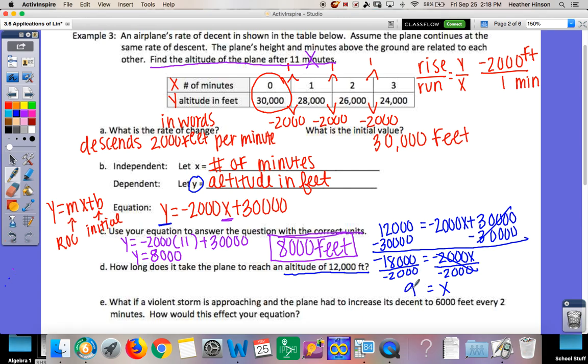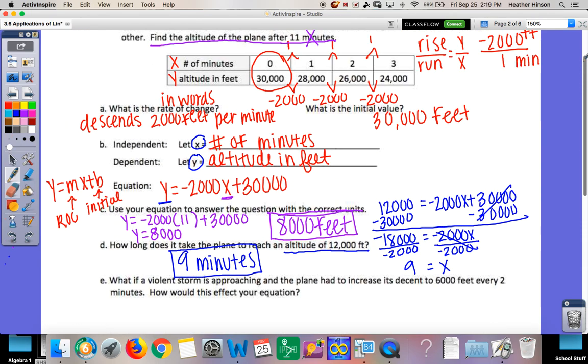But what is 9? Again, we have to get those correct units. What is x equals? X equals was minutes. So this is 9 minutes. Make sure you put the correct units on it. Oops, sorry about that.